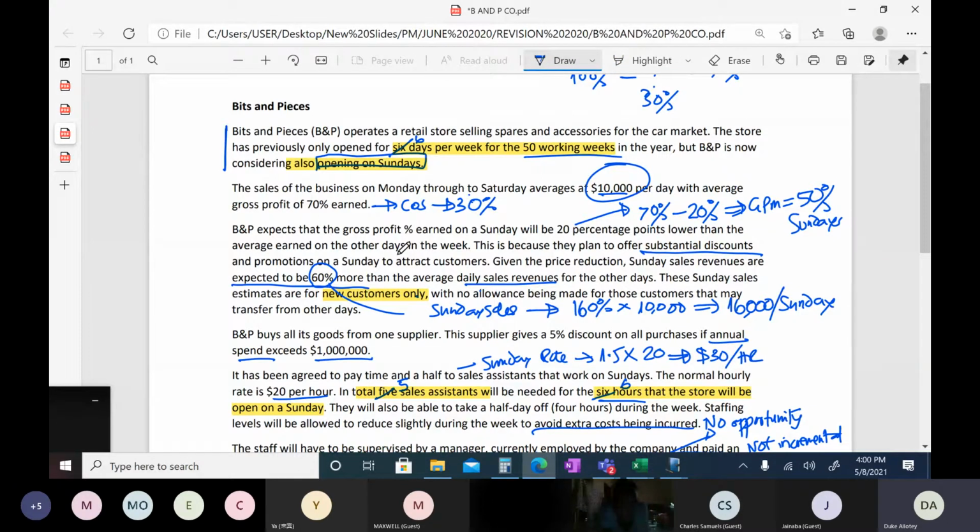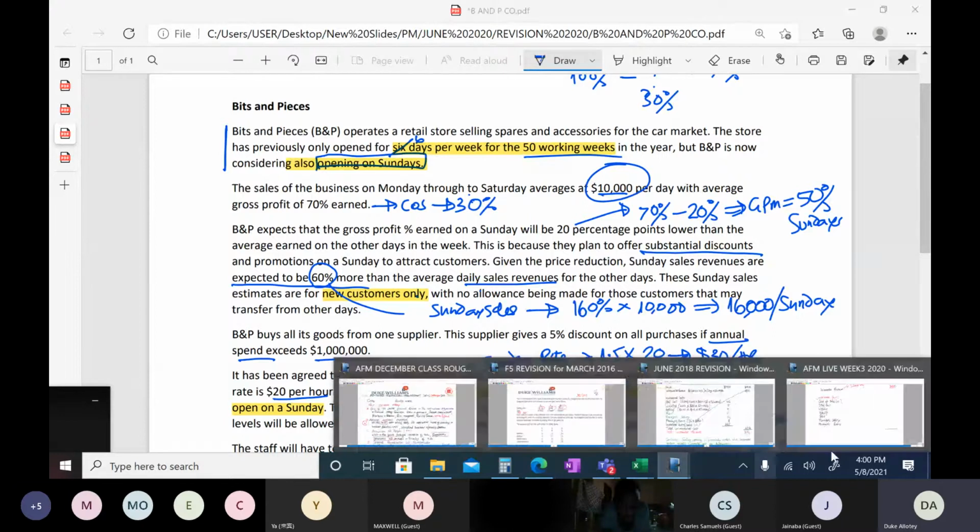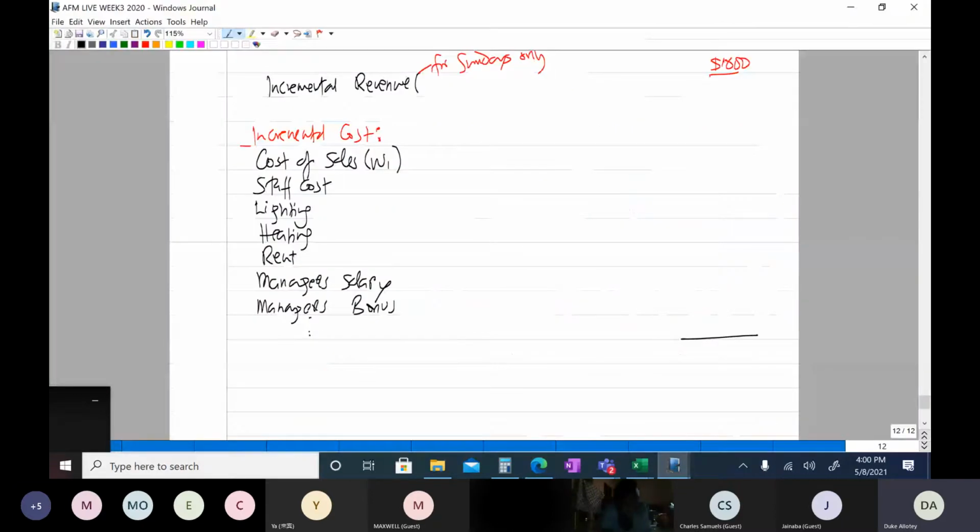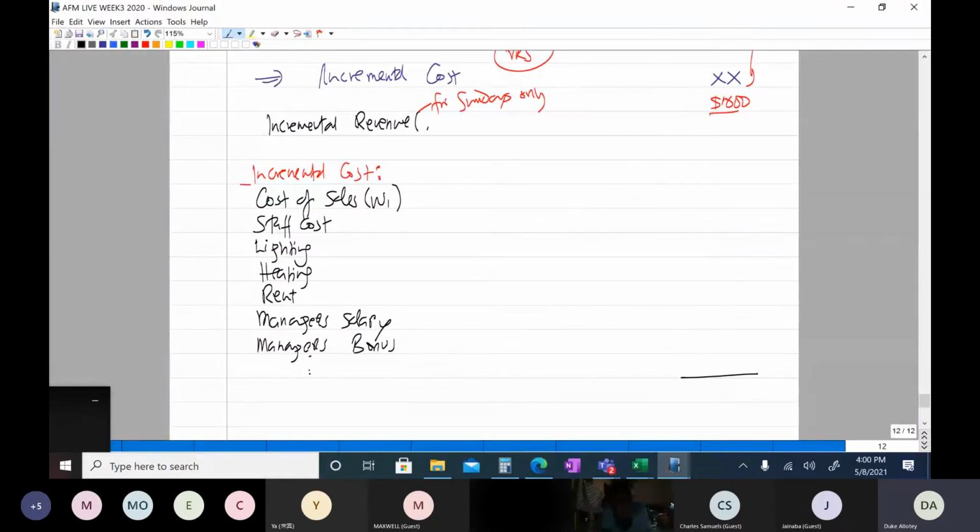So if the average daily sales is 10,000 and Sunday is going to be 60% more, so 1.6 or call it 160%, then it is only one day.